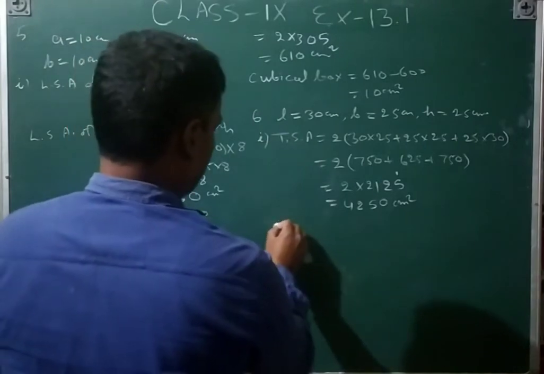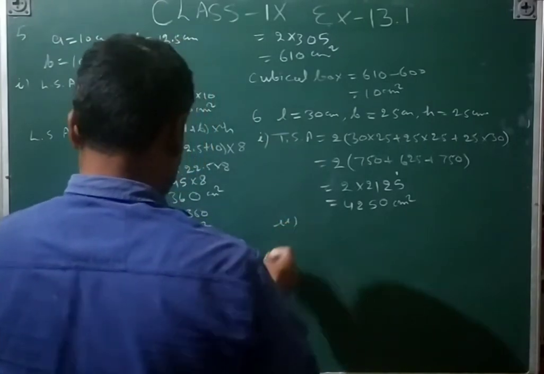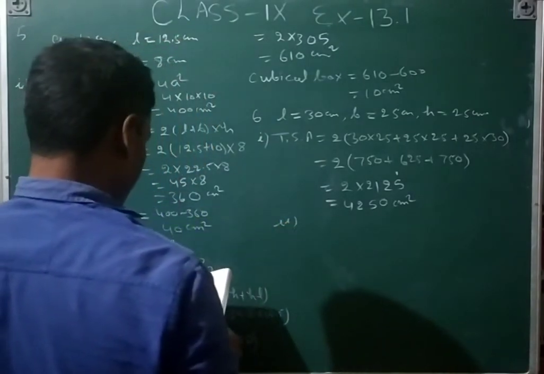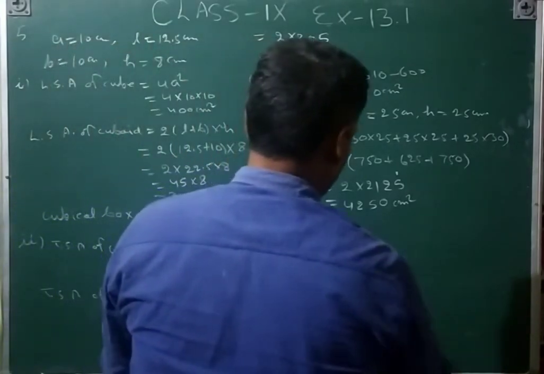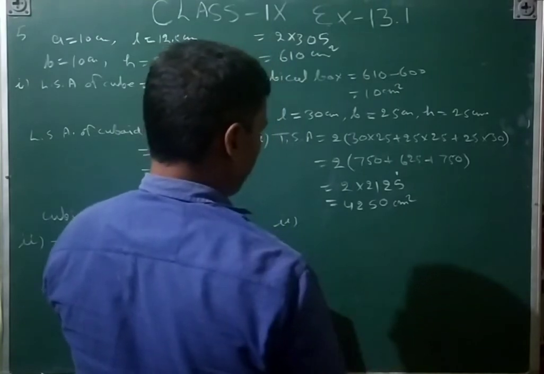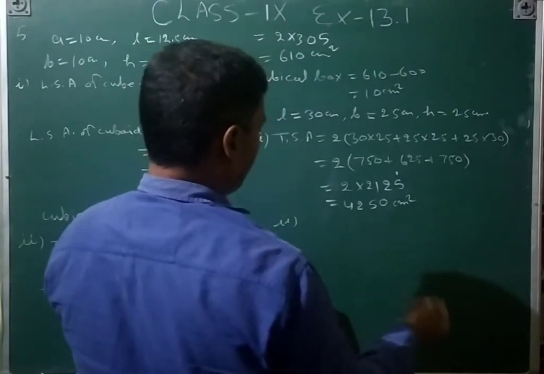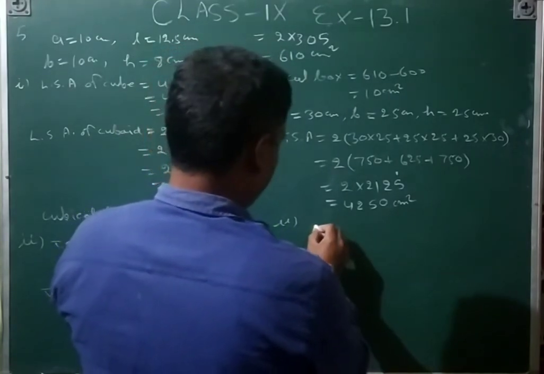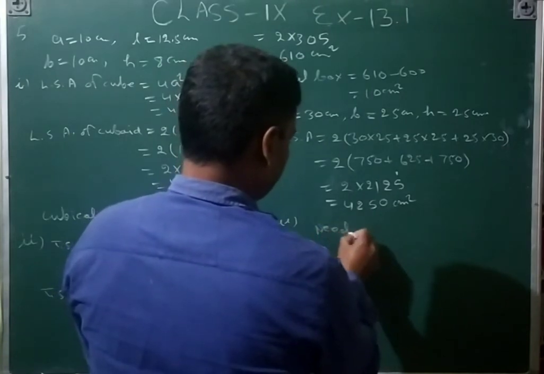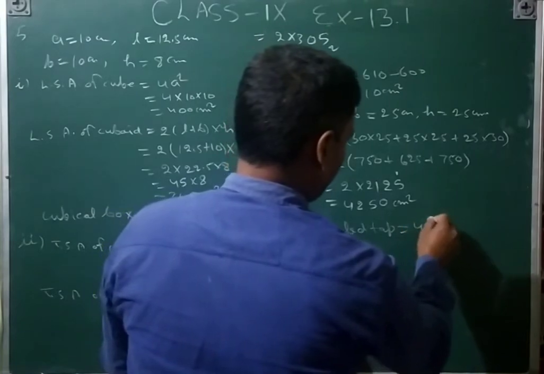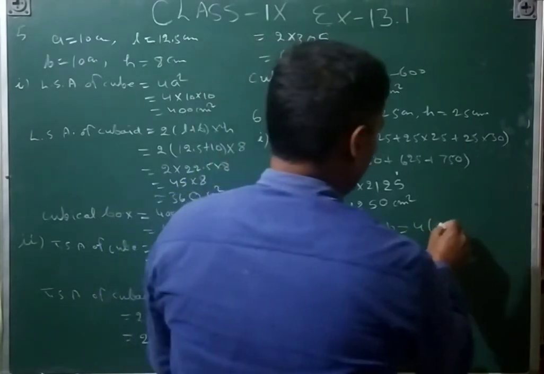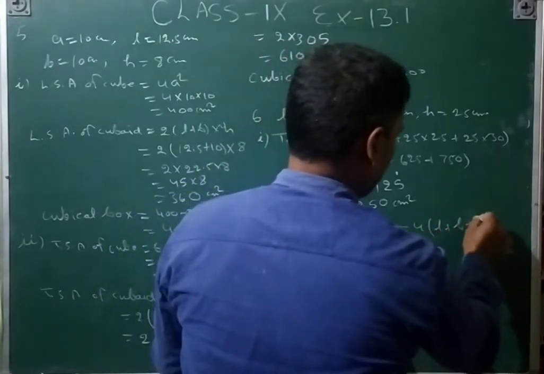Then the second part is how much tape is needed for all the 12 edges. So we know that in a cube or cuboid there are 4 lengths, 4 breadths, 4 heights. So needed tape is equal to 4 into (L plus B plus H).